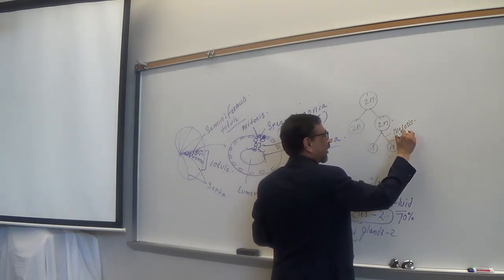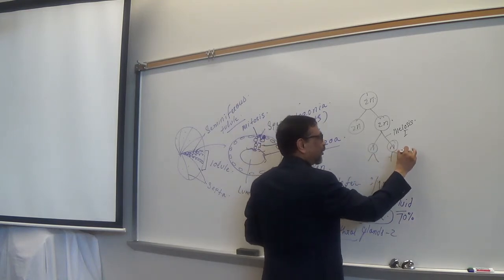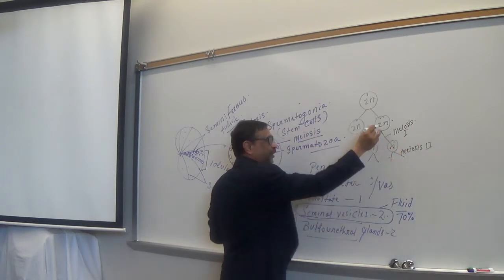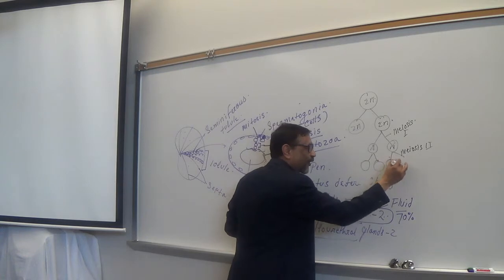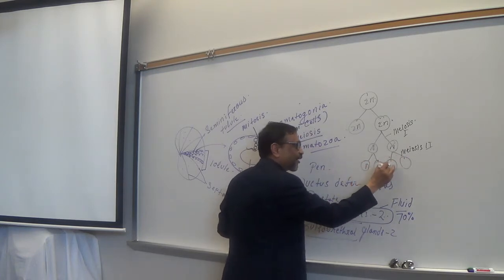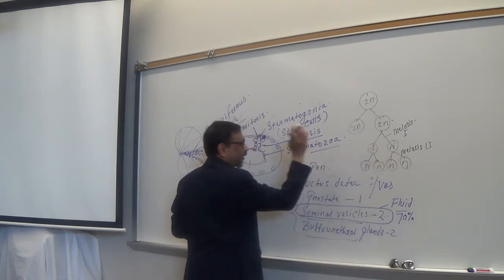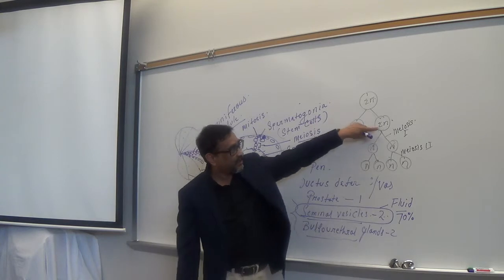There are two steps, meiosis 1 and meiosis 2. Meiosis 1 will reduce the number of chromosomes to half, but meiosis 2 will not reduce, it will keep the number of chromosomes the same, only increase the number of cells.